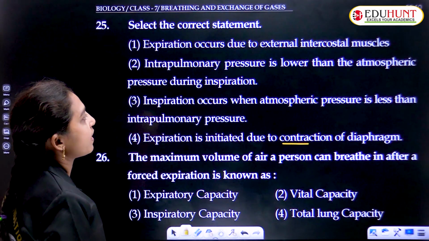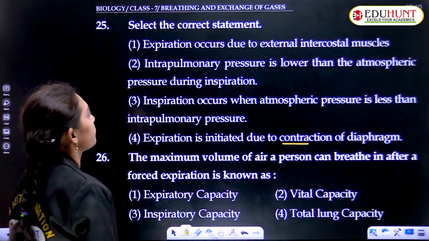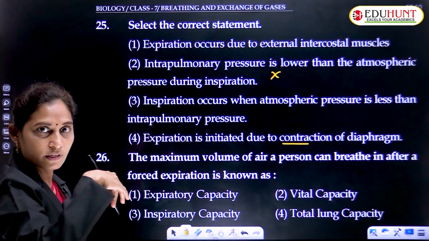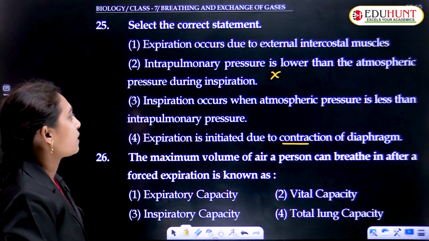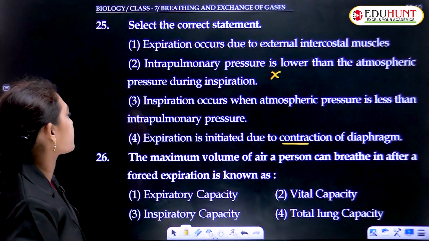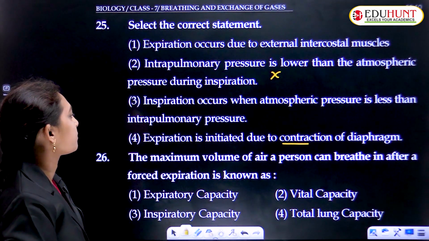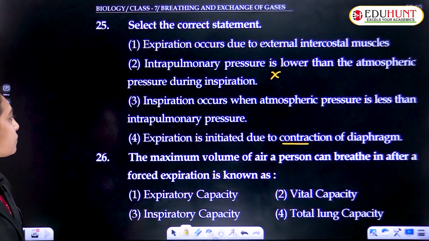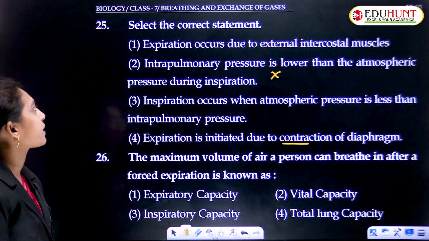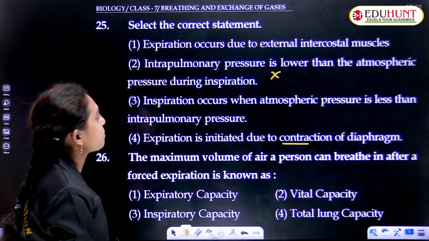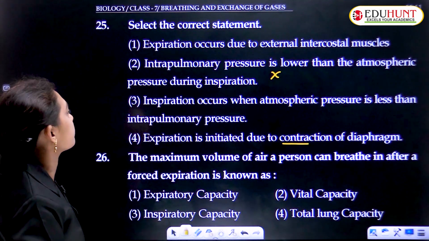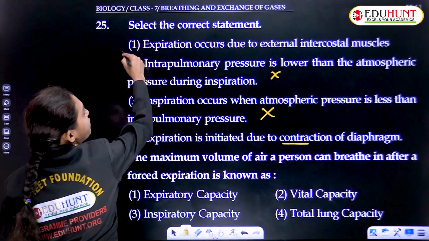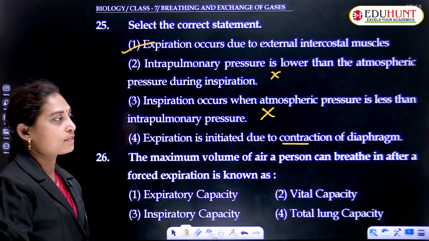Intrapulmonary pressure is lower than the atmospheric pressure. When it is lower, expiration does not happen; expiration happens only when it is higher. Inspiration occurs when atmospheric pressure is less than the intrapulmonary pressure. So this is the correct option. Inspiration was said, so this is the wrong answer.